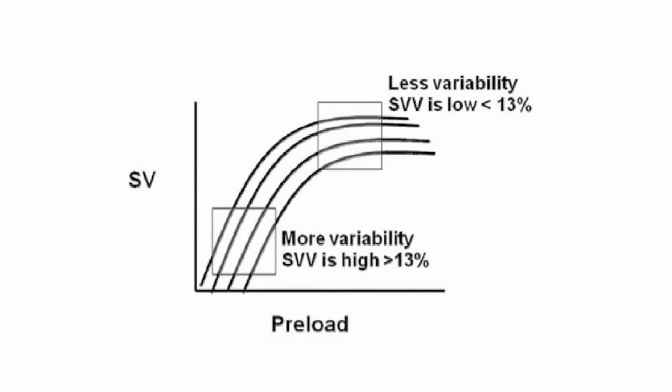So without really knowing where the curve is, all we can say is that if the stroke volume variation or the pulse pressure variation is low, then they must be up at the top of the curve. And if the stroke volume variation or pulse pressure variation is high, then they're probably on the steep part of the curve and they'd benefit from some fluid. And the magic figure seems to be a variation of about 11 to 13%.